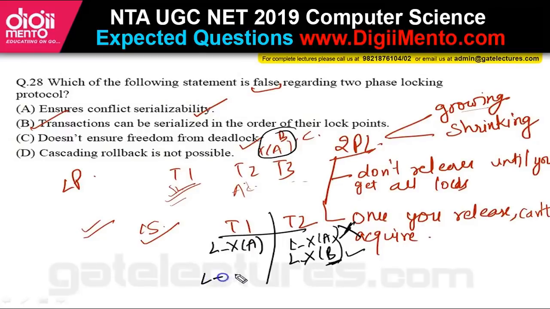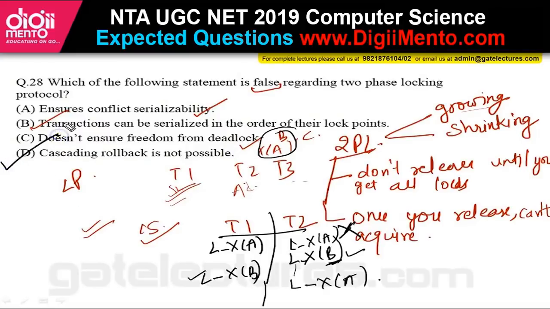Now let's say T1 wants an exclusive lock on B, but it cannot get it, so it is also blocked. And now for the completion of T2, it realizes it also needs the lock on A. So T1 is waiting for the lock on B and T2 is waiting for the lock on A. That is a deadlock situation. So that is why it does not ensure freedom from deadlock. Okay, so C is also a right option.